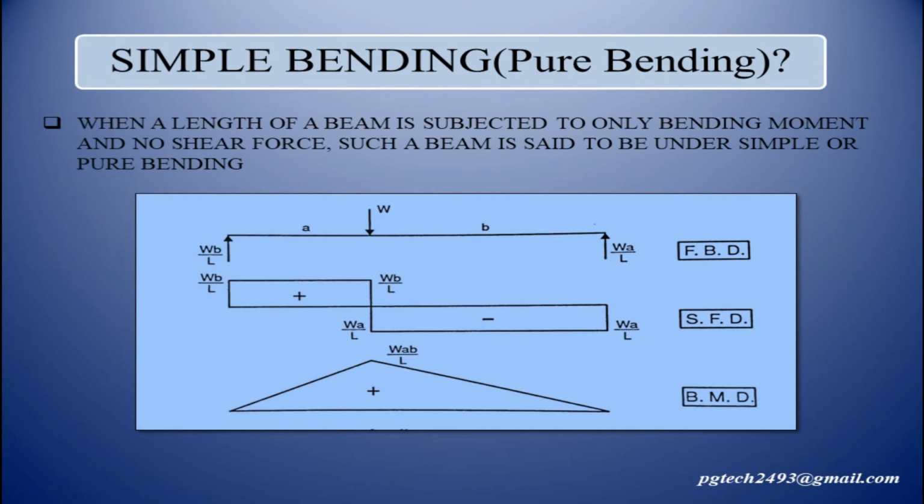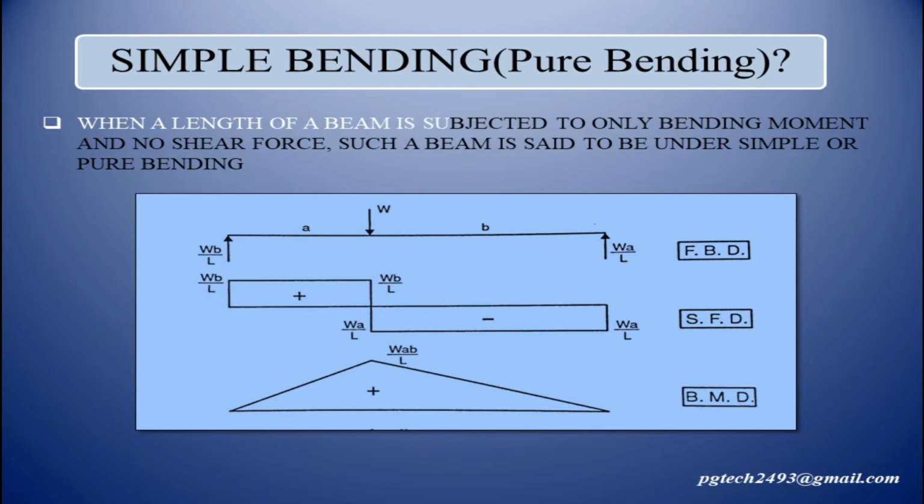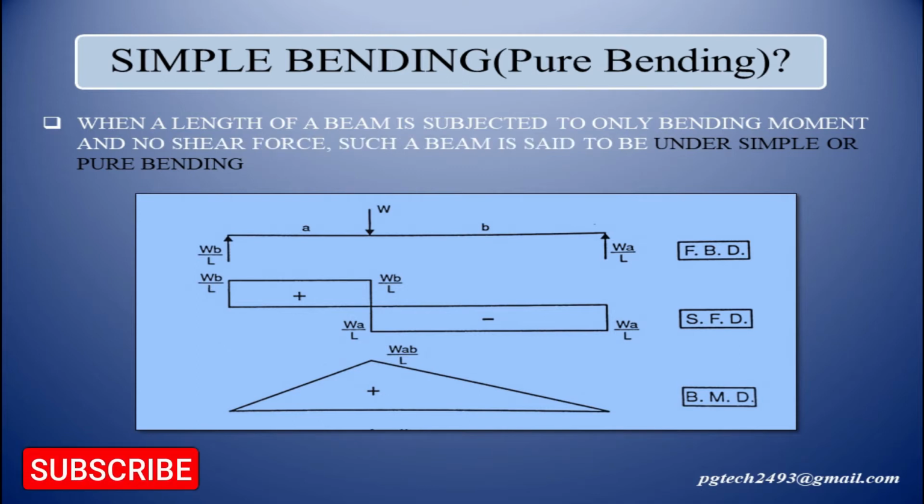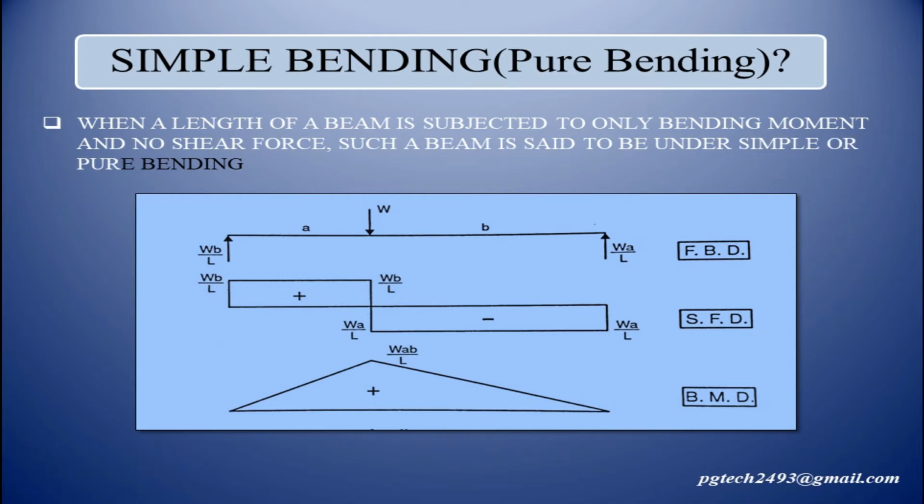What is simple bending or pure bending? A typical beam subjected to load shows the presence of shear force and bending moment at all sections of the beam. When a length of beam is subjected to only bending moment and no shear force, such a beam is said to be under simple or pure bending.